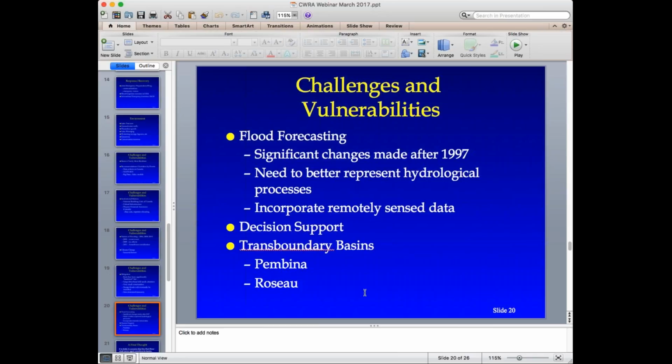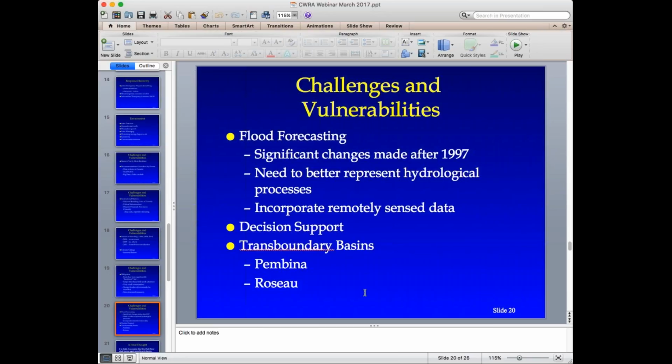There's NOAA's SNODAS snow data database, and I think for the most part, the Red River Basin still depends on point data for its flood forecasting, and I think a new generation of forecast opportunities has come along that could be very, very helpful.